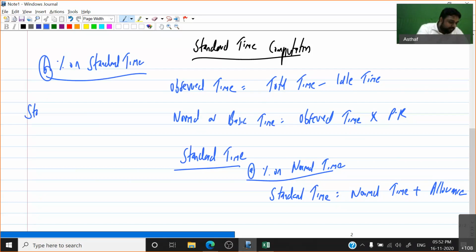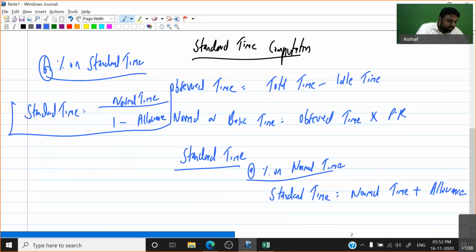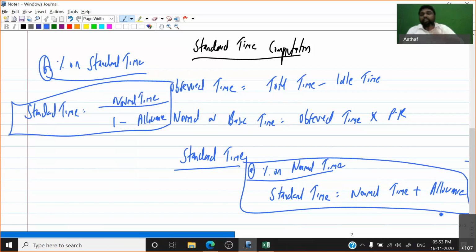Your standard time will be normal time divided by 1 minus allowance. So situation to situation, this allowance computation will change. If it is on normal time, plus will come. Otherwise, as with the profit thing, 1 minus. So take a copy. We will start the problems. Please make a copy, we can start the problems.